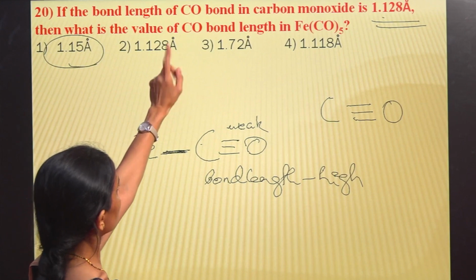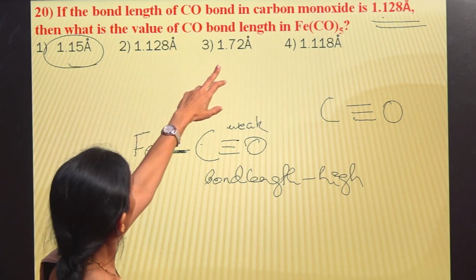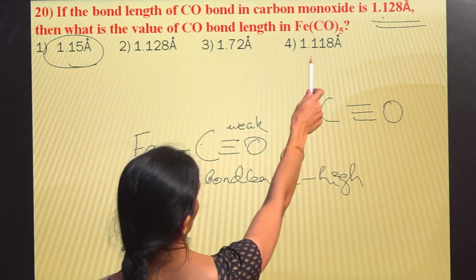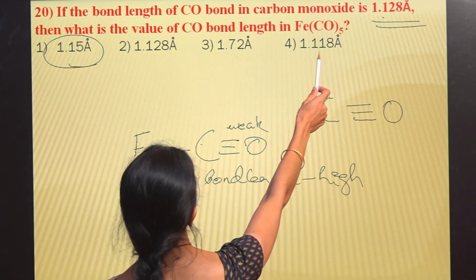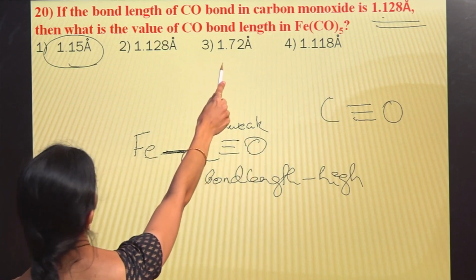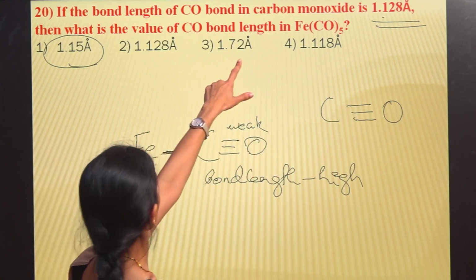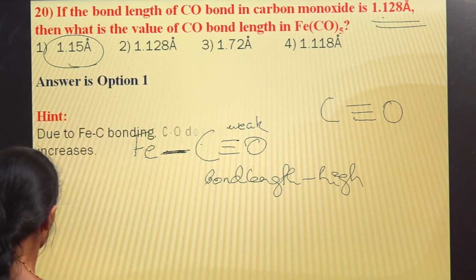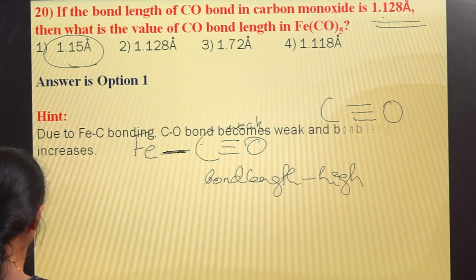Here the value is same, is it not? And this value is less. 1.72 angstrom is too high.